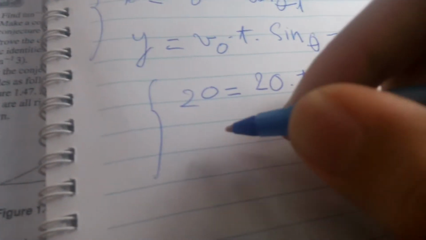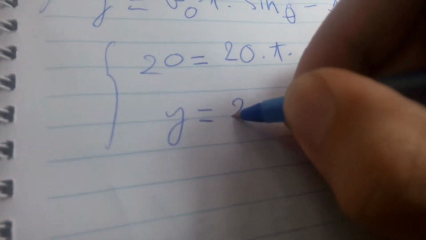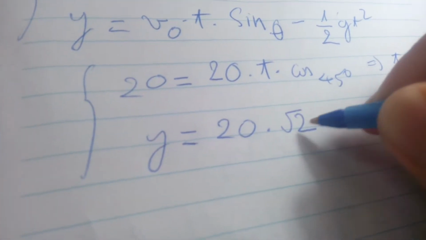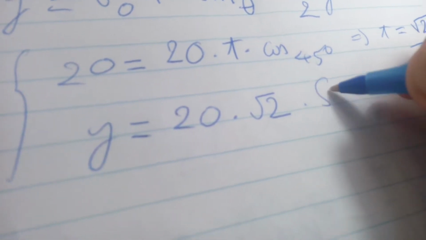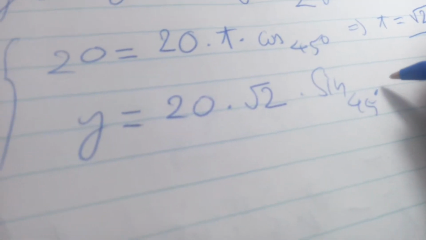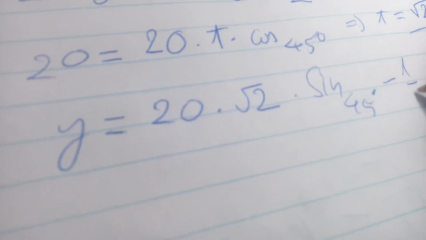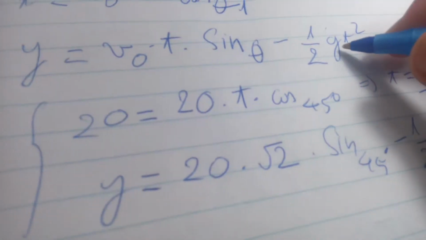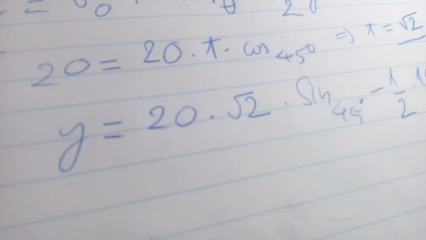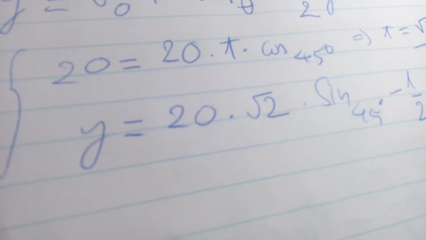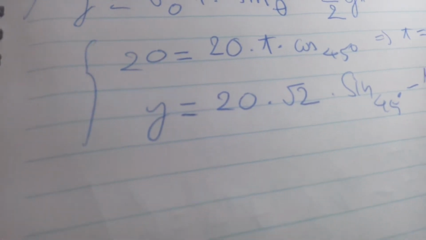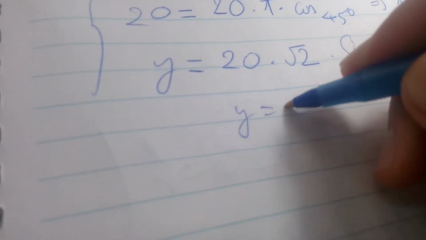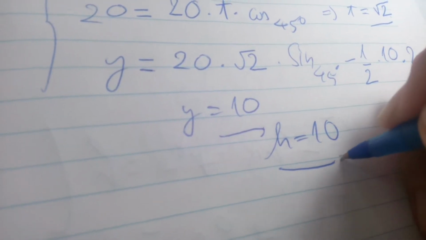And y equals 20 times square root 2 times sine of 45 degrees, minus one half g t squared, where g is 10 and the square root of 2 squared becomes 2. So here is our height: the height will be 10.